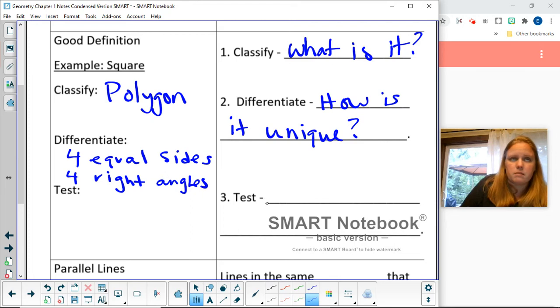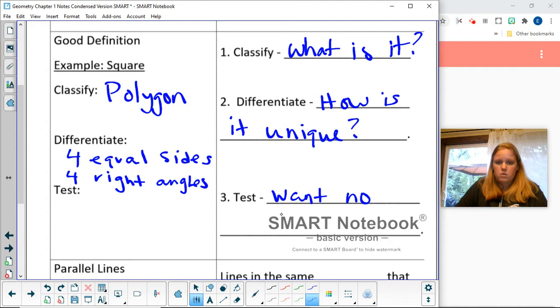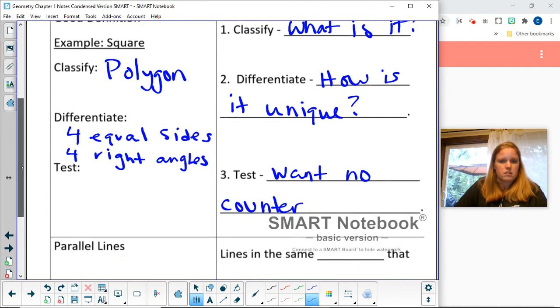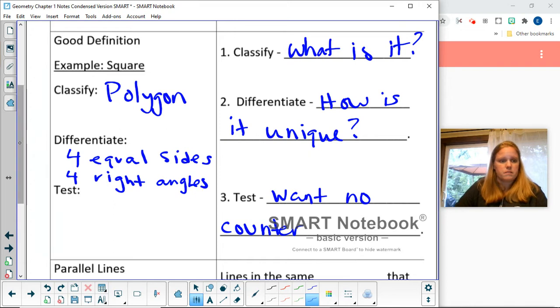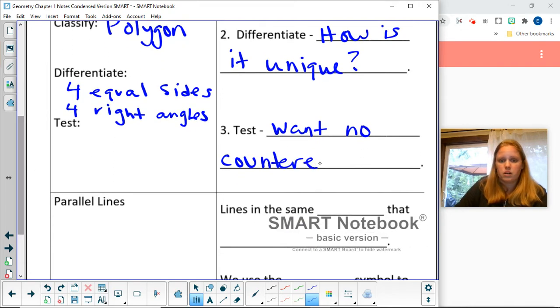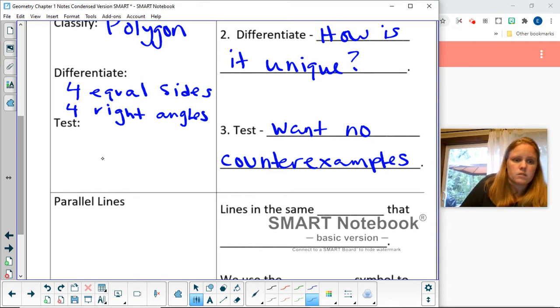All right, now test it means you have to actually try it out and make sure there are no counterexamples. So to test, we want no counterexamples.